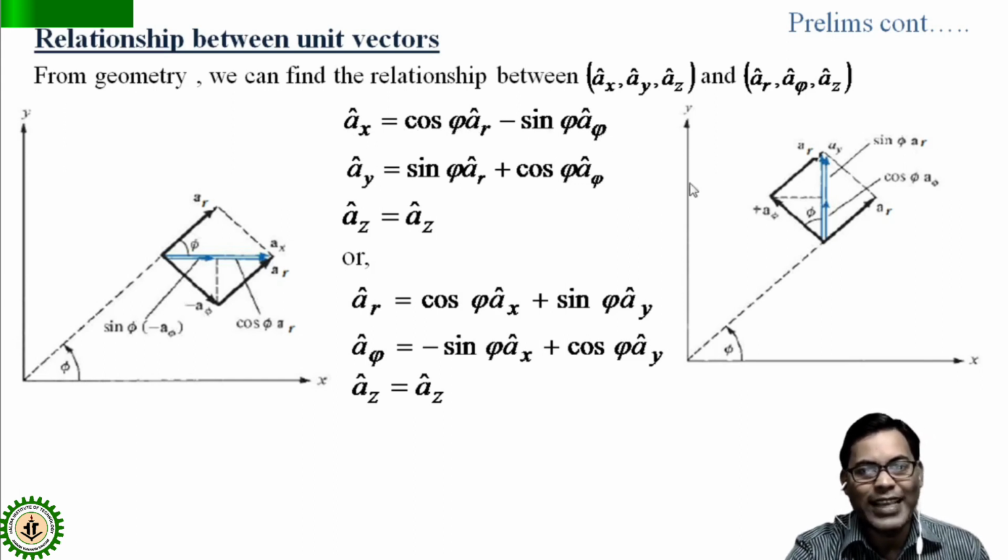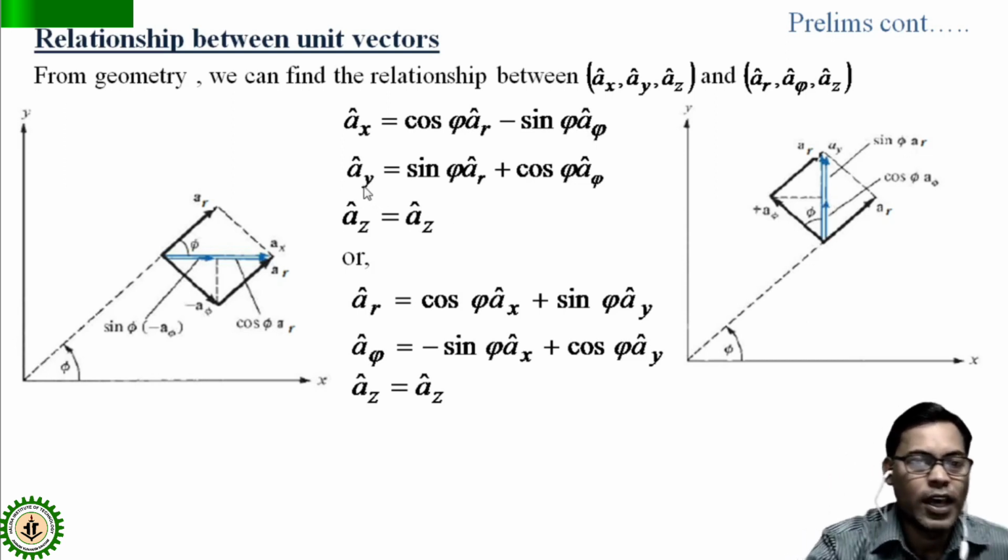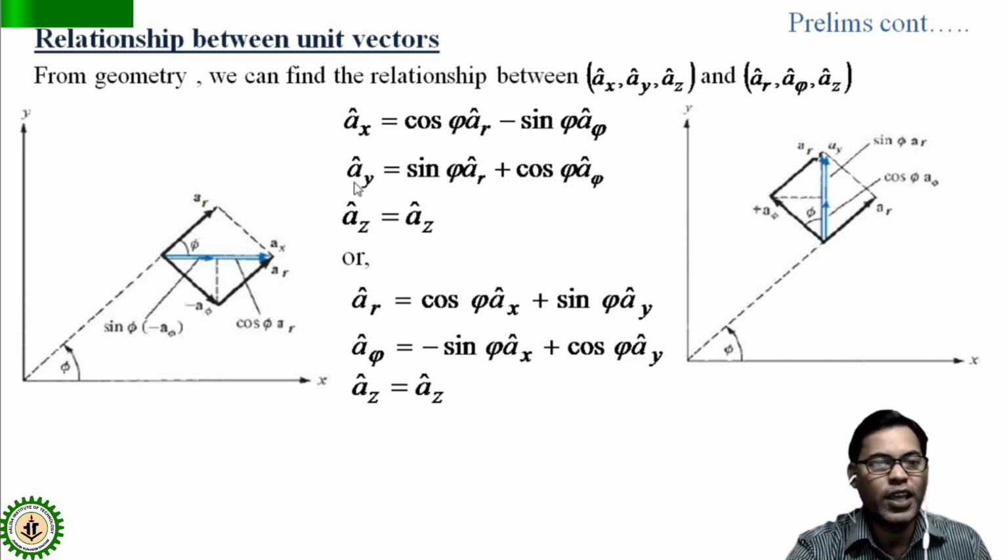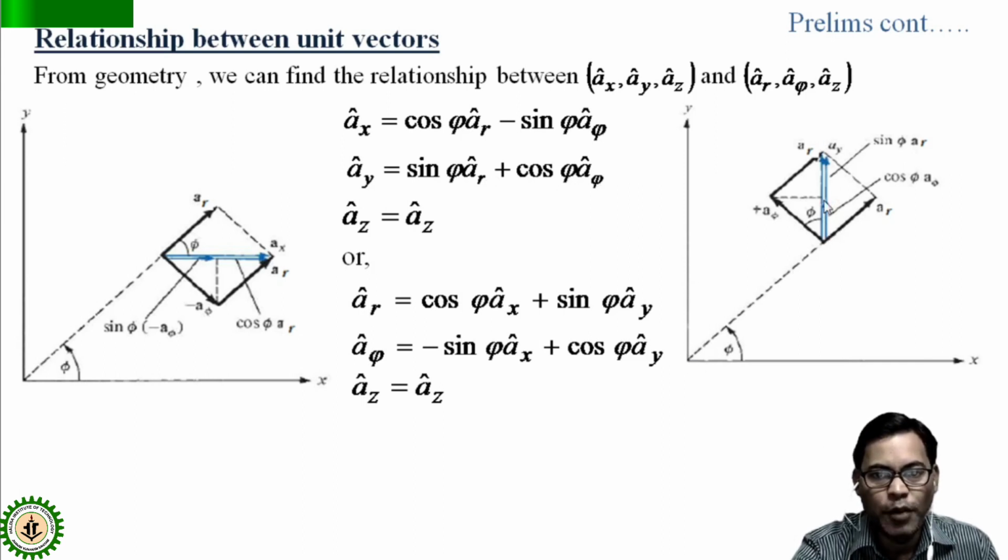Similarly, from the second diagram, we can find the relationship between ay and ar, aφ. You see this is the ay unit vector along the y direction. This blue line I have drawn here is representing the unit vector ay.